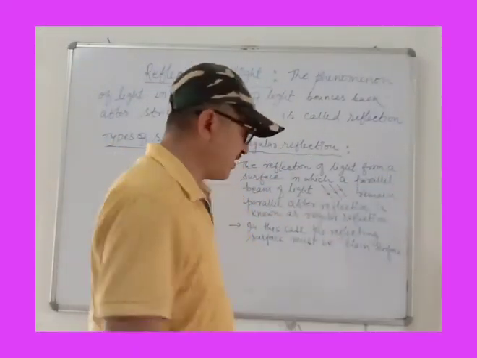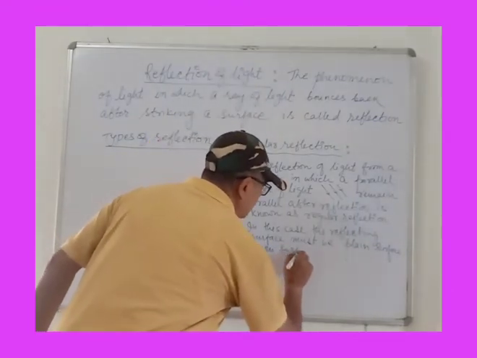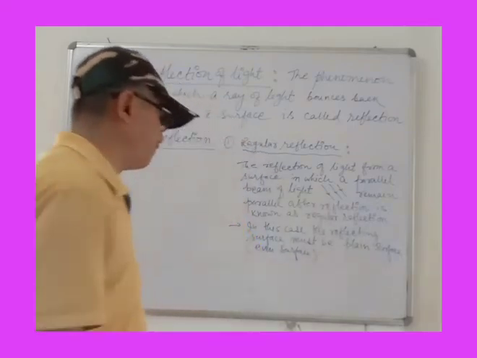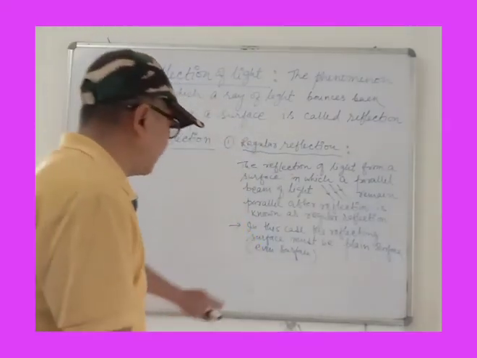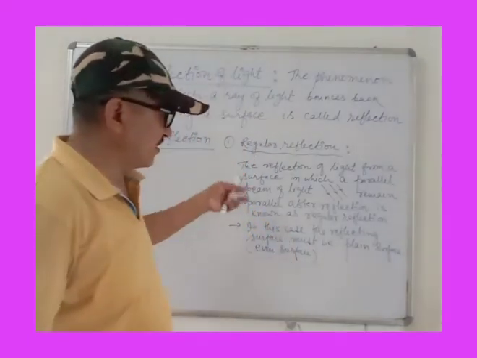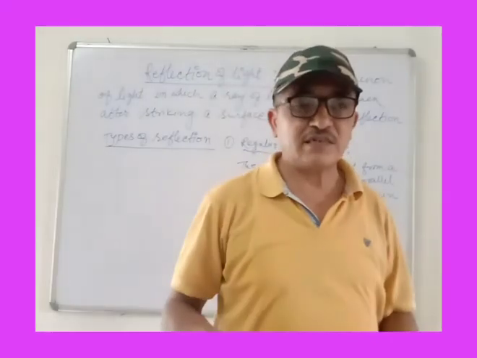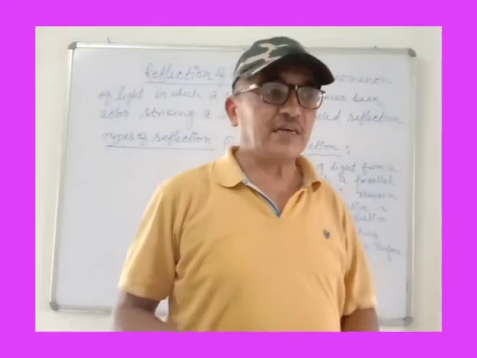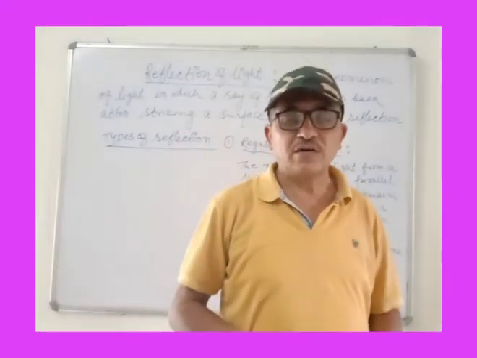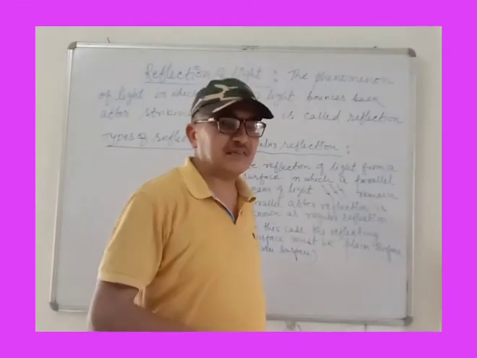It should be even. Plane surface or even surface. Okay. Diagram is, and in this case only laws of reflection are valid. Another type of reflection is called non-regular or irregular, or you can say scattered reflection.